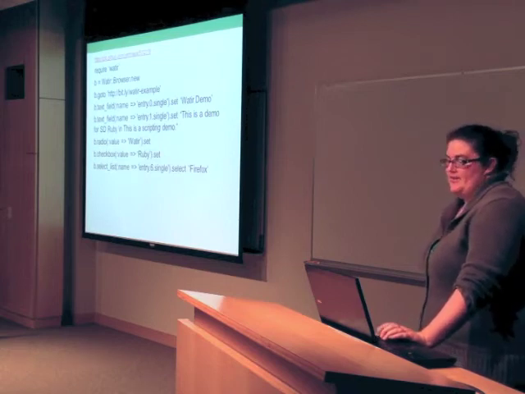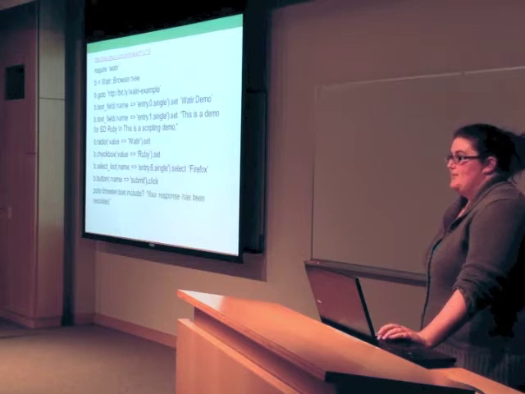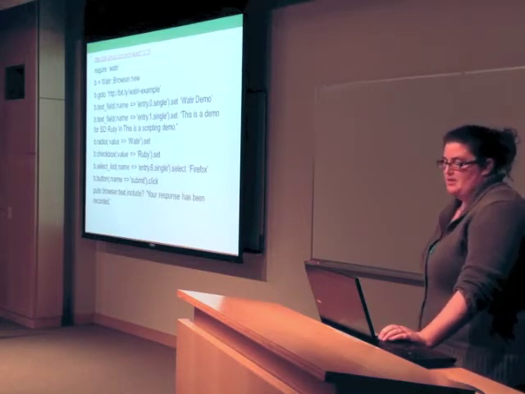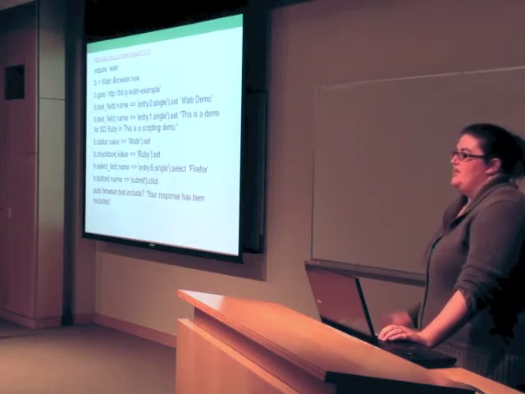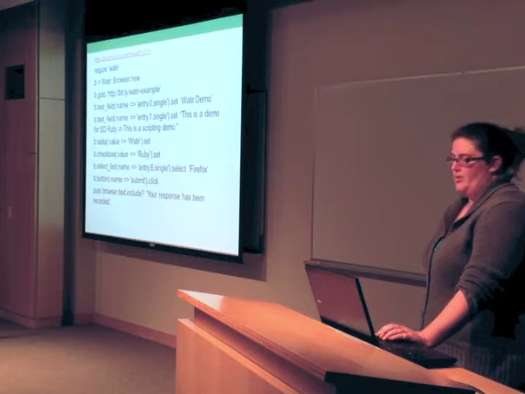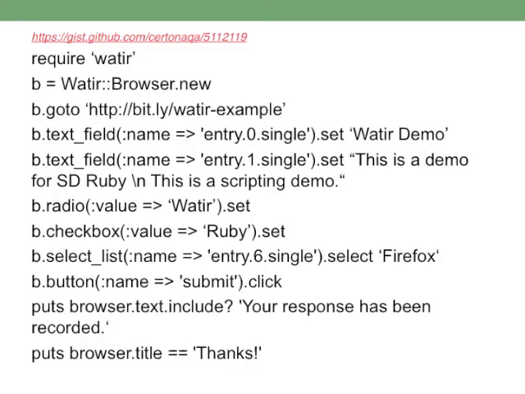We're going to select Firefox. Then we're going to submit the form. And then we're going to do a simple validation. This will return true if the page that loads says your response has been recorded. And this will also return true if the title is correct.